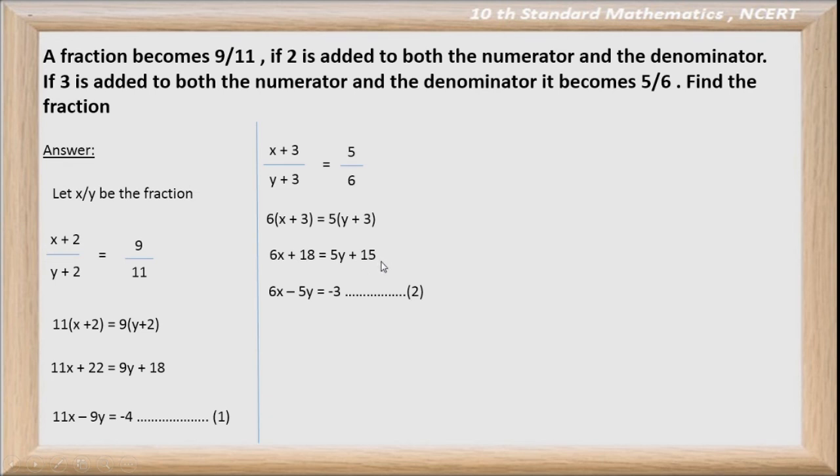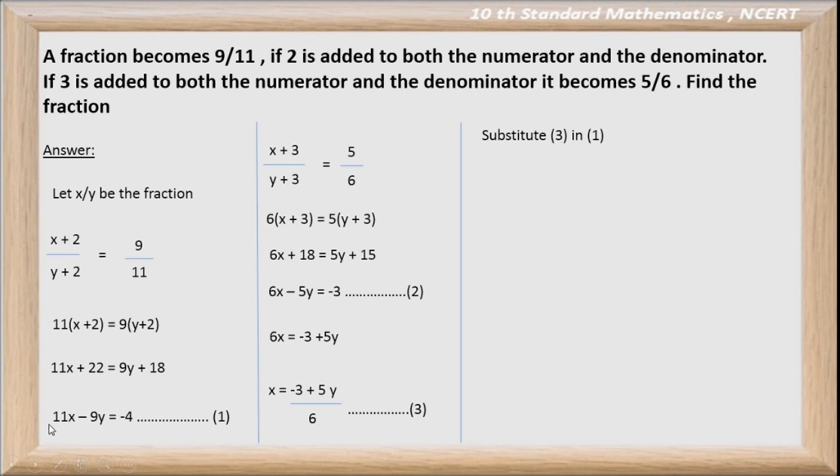So 15 minus 18 is minus 3. Now we got that second equation. This equation we can make as 6x equal minus 3 plus 5y. X equal minus 3 plus 5y by 6. Make it as 3.